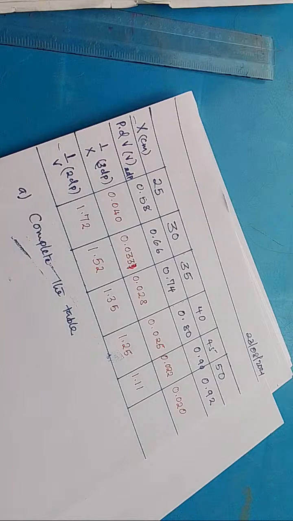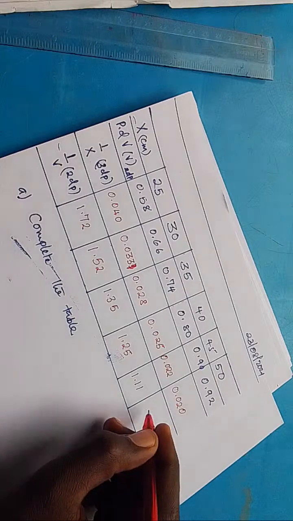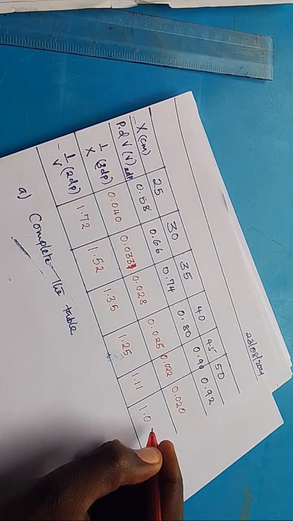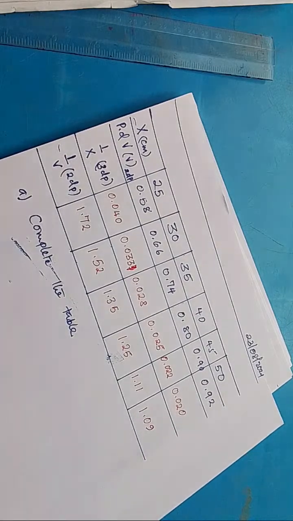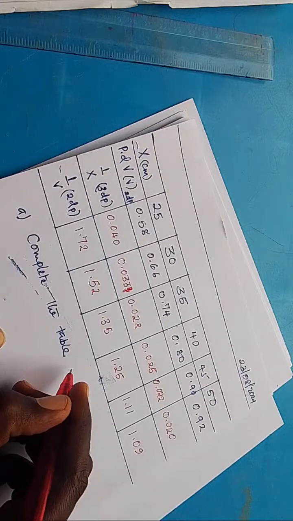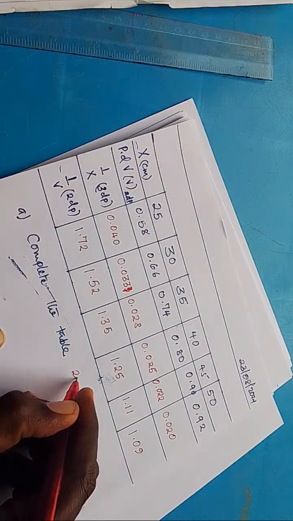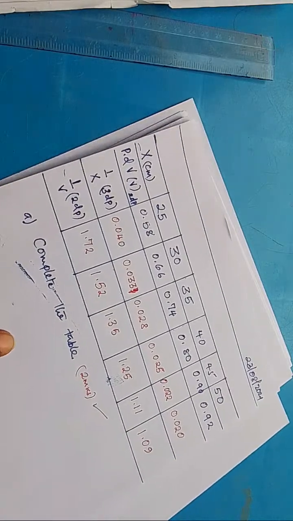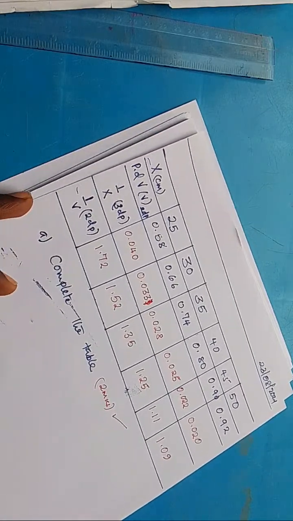We have the next one, which is 0.92, which becomes 1.09. Therefore, this part of completing the table, which is awarded 2 marks, we are done with it.